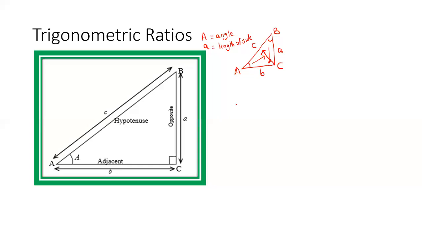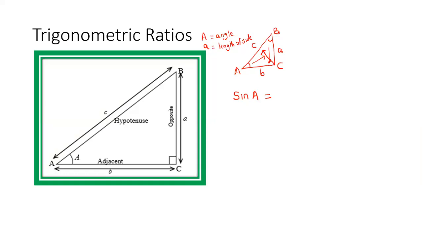Now, what is the first trigonometric ratio we are going to look at? We are going to look at the first one, which we call sine of A. Let me check whether people remember. Can you type, how do we get sine A?